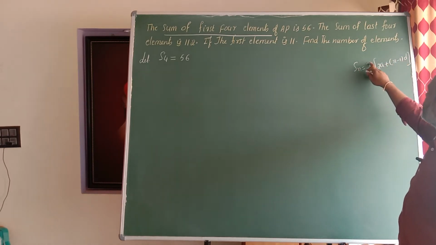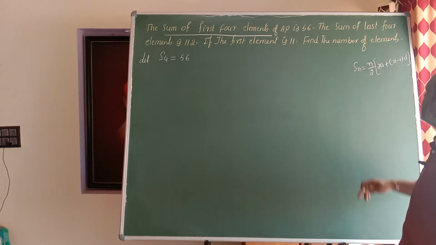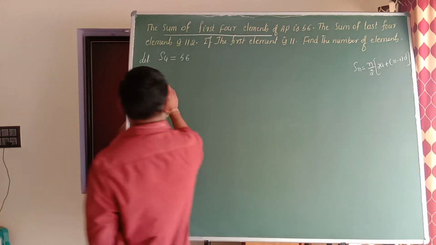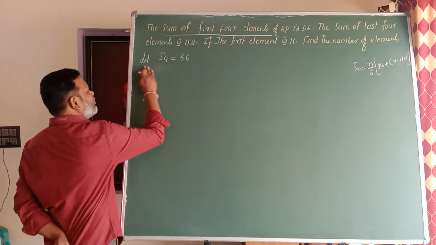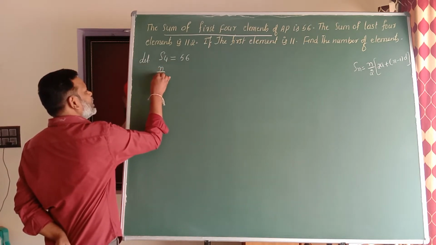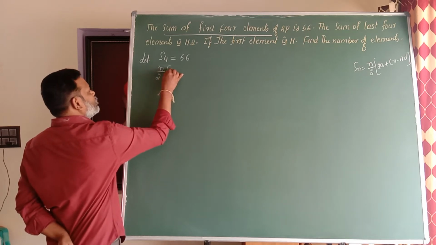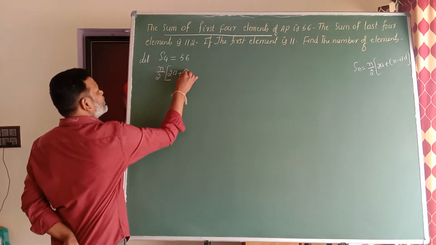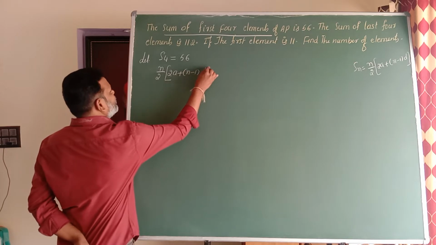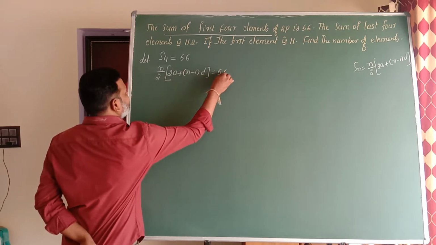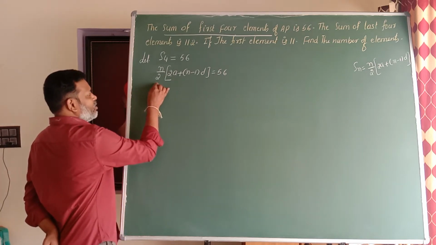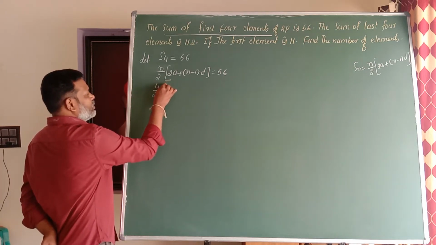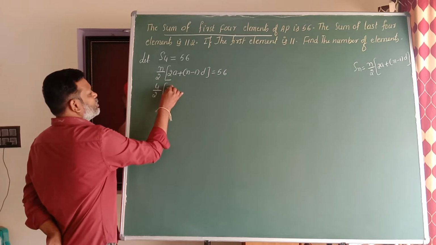When Sn is equal to n by 2 into 2a plus n minus 1 into d, S4 is given by, I can write the formula once again, n by 2 into 2a plus n minus 1 into d, that is equal to 56. But n is what here? 4, sum of 4 elements. 4 by 2 into 2a. 2 into a is what?